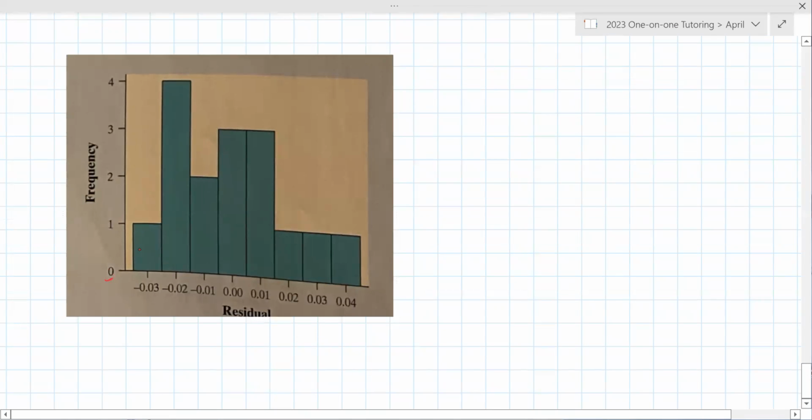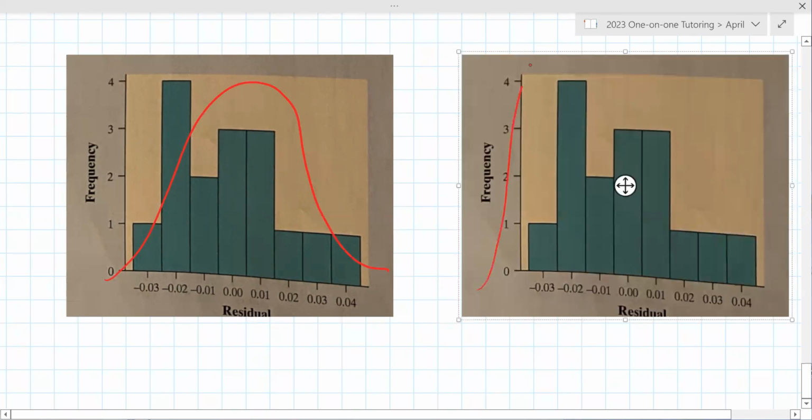And this one, it depends. If you kind of believe that's okay, or if you're like, well, I don't see that, I think it's almost like an exponential distribution. This peak over here is pretty bothersome, but I guess you could make the case that the residuals are normally distributed.